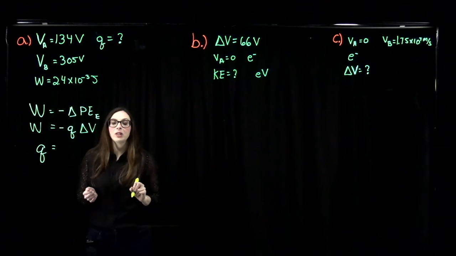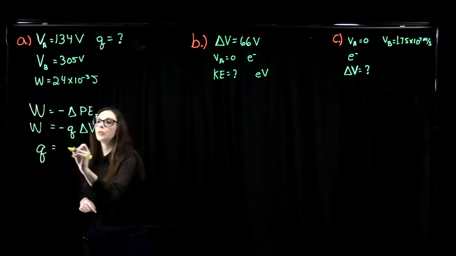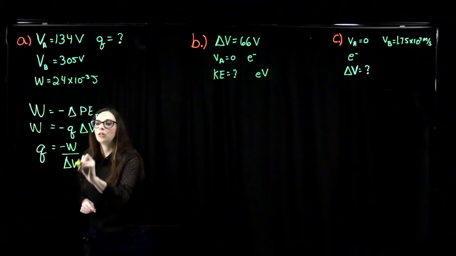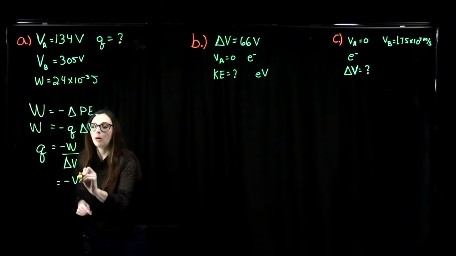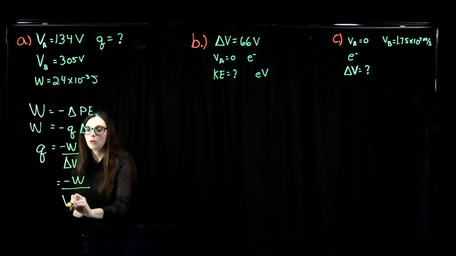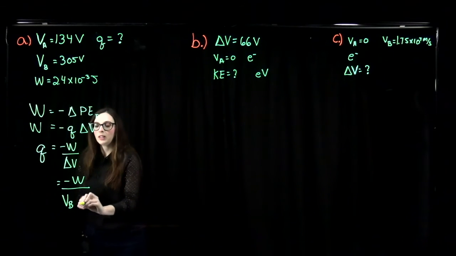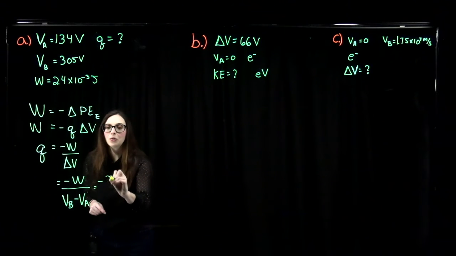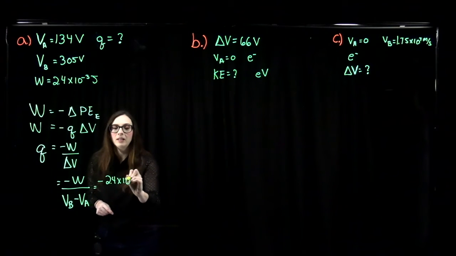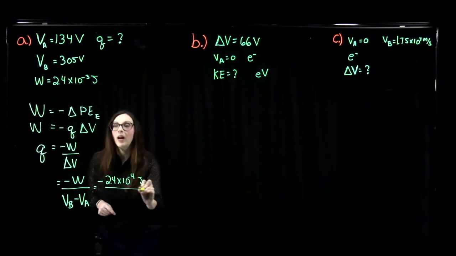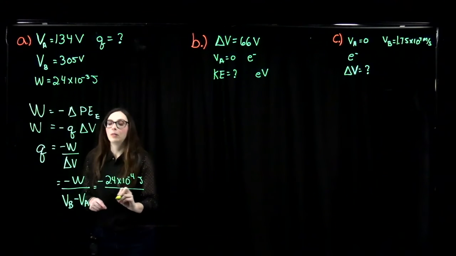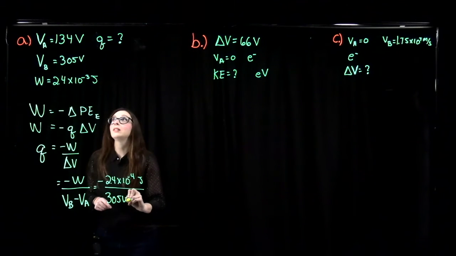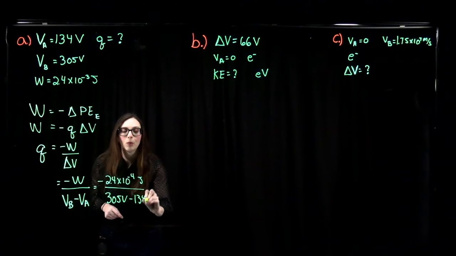If we solve this equation for Q, Q will be equal to minus our work divided by the change in potential. This change in potential is your final potential, V sub B, minus your initial potential, V sub A. And this will be minus 2.4 times 10 to the minus 4 joules divided by V sub B, 305 volts, minus V sub A, 134 volts.